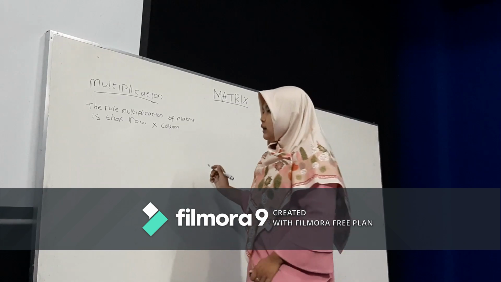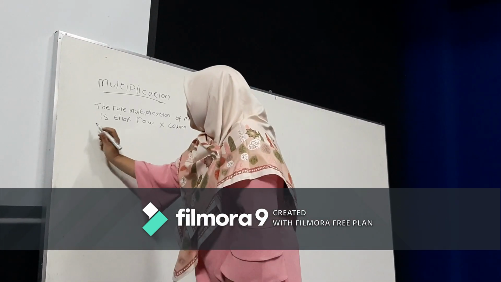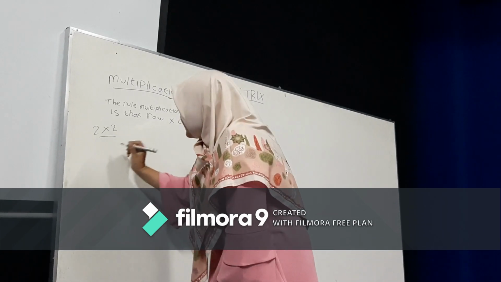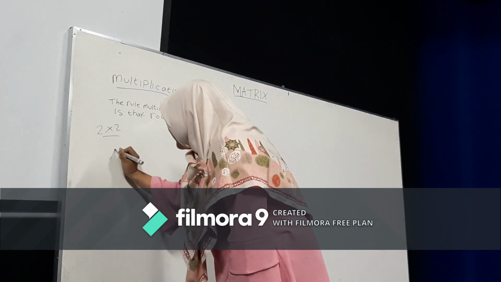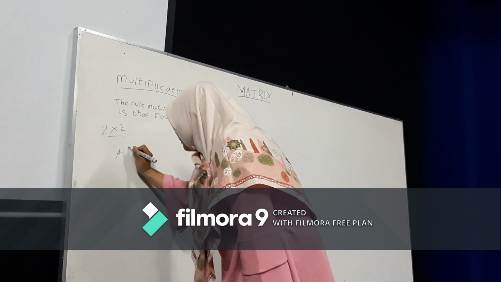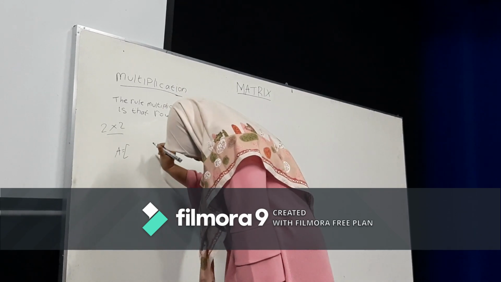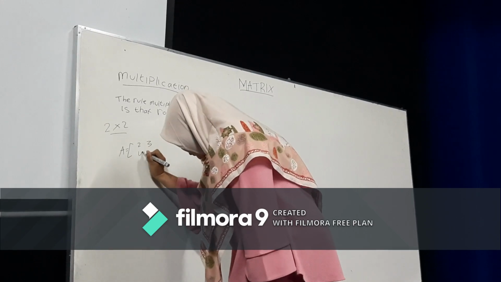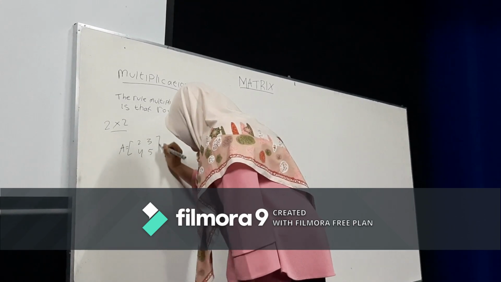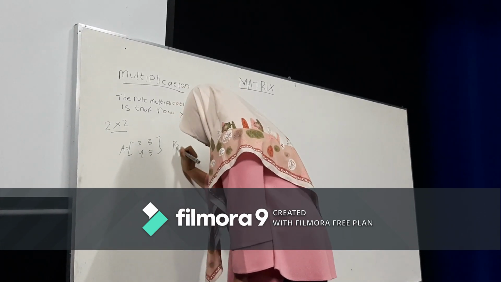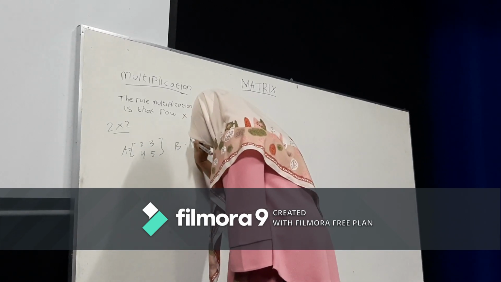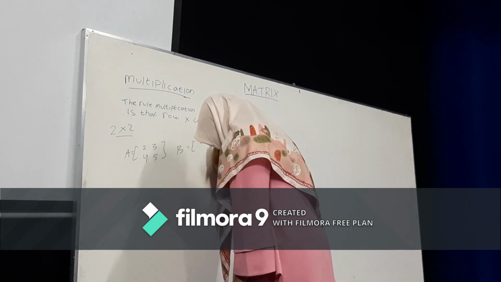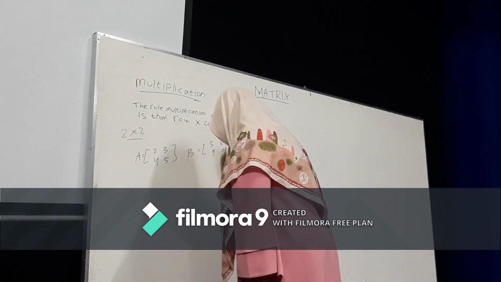The first is 2 times 2. For example, I have a matrix A equal to open bracket 2, 3, 4, 5, and matrix B equal to open bracket 5, 8, 9, and 0.